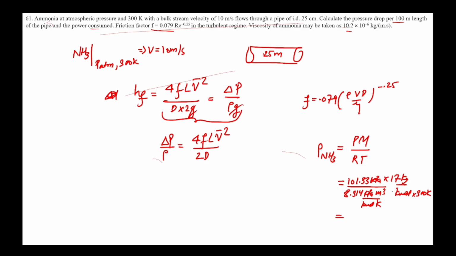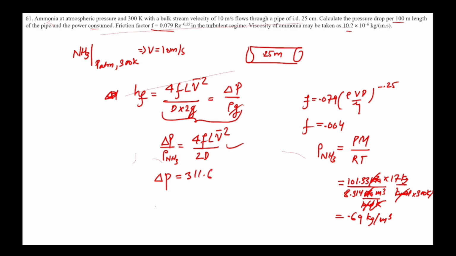So you will get 0.69 kg per meter cube. Put this value here, you will get F is equal to 0.004, I think. Now del P, when you put all the values, with the density of ammonia we just found, you will get del P 311.6.